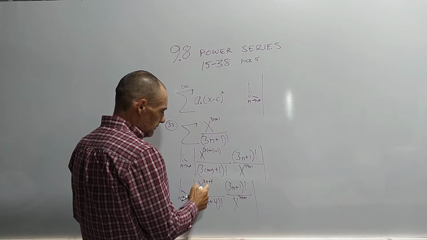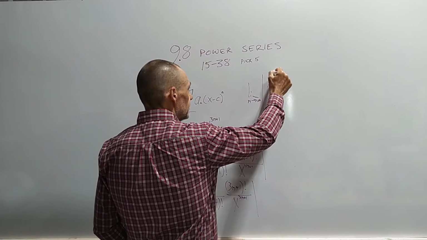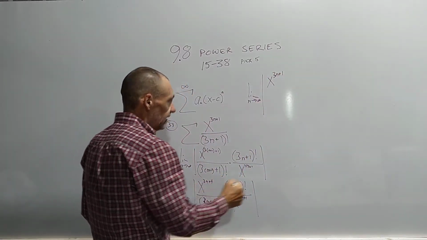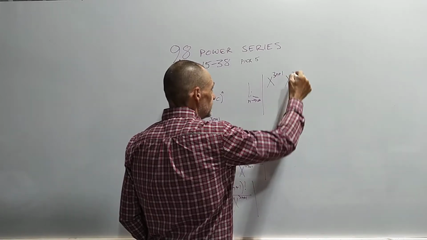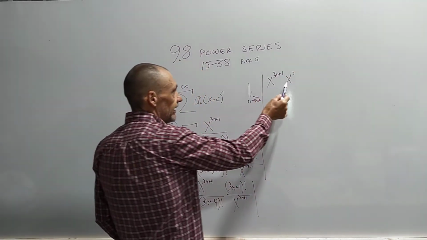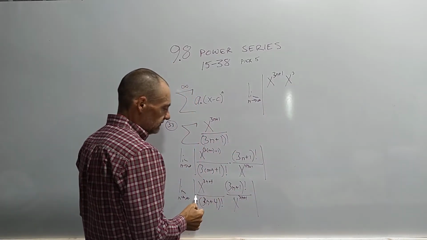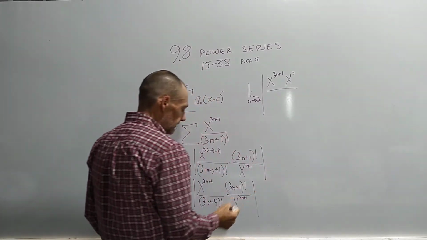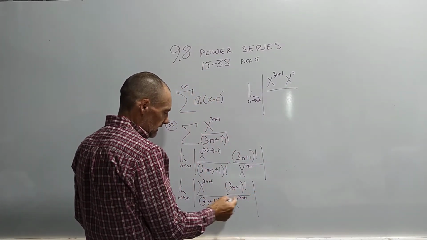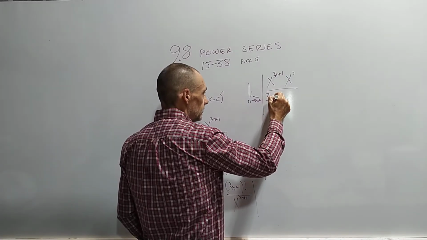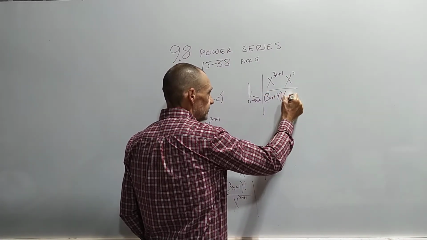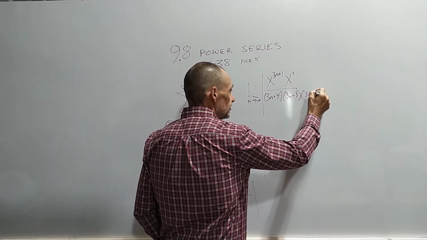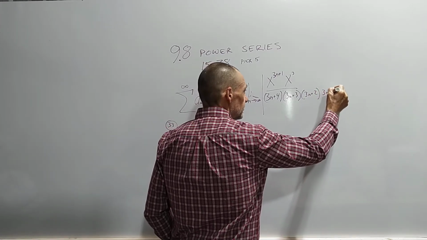For x to the 3n plus 1, I need to cancel this with x to the 3n plus 1, and then I'm going to have to multiply this by x cubed. When I multiply it by x cubed, I'll add exponents and end up with 3n plus 4, so that's going to cancel with this over here. That's a good thing. And then this factorial needs to cancel with that, so I'll write this as (3n plus 4) times (3n plus 3) times (3n plus 2) times (3n plus 1).